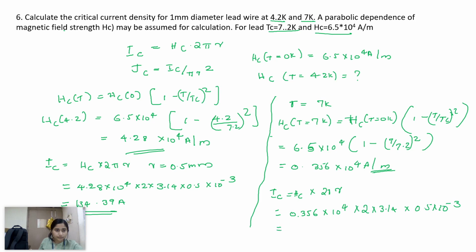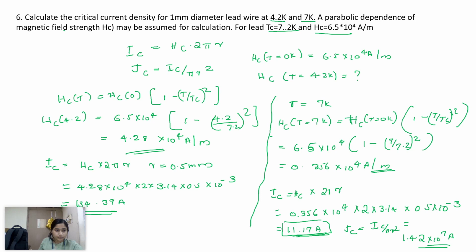You will get the answer 11.17 ampere. Now you got the current. So in both cases you have to calculate the current density. In this case current density Jc will be Ic divided by pi r square. So substitute all the values: Ic is given here, and pi and r values you know. Finally you will get the answer 1.42 times 10 to the power 7 ampere.